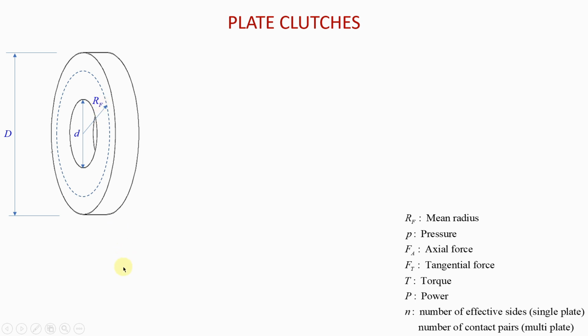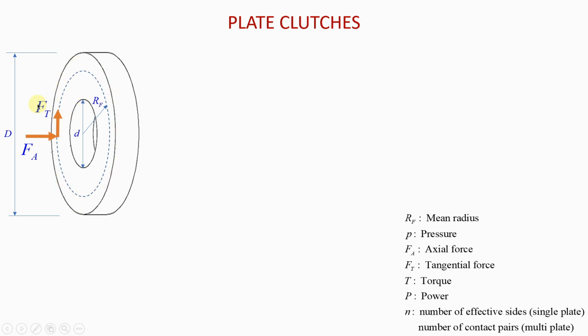Generally, you will have an axial force that is acting on the plate clutch, and you will also have a tangential force that is acting on it, okay? This axial force is what will cause the clutch to get engaged. And the tangential force here is what allows it to rotate and to create torque.